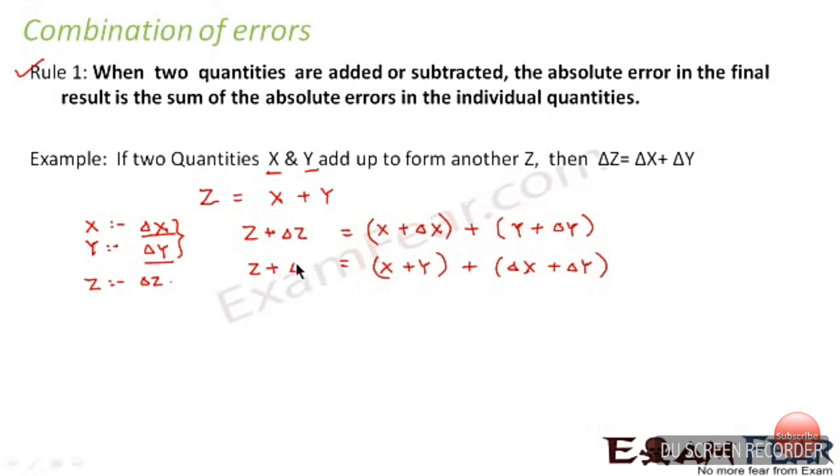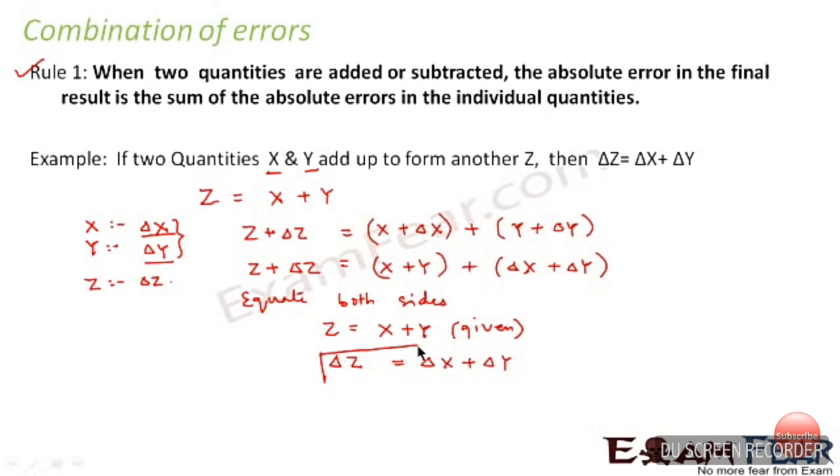Now if we equate both sides of the equation, what do we see? z is already equal to x plus y. That was the given condition. Therefore, delta z has to be equal to delta x plus delta y.